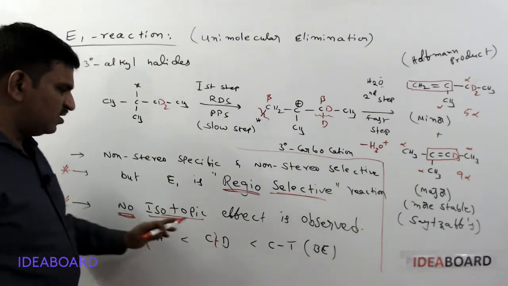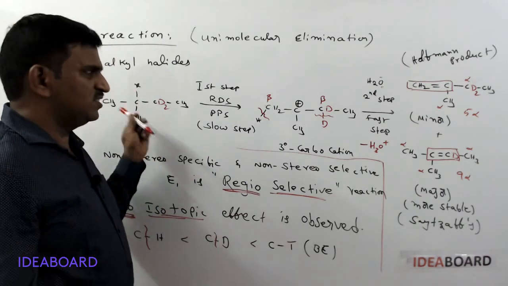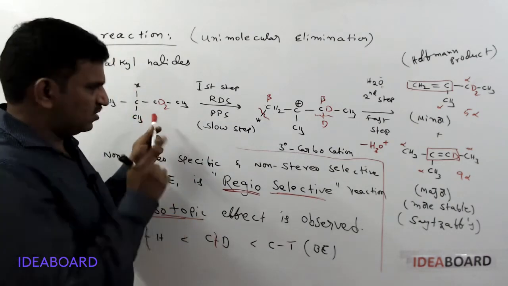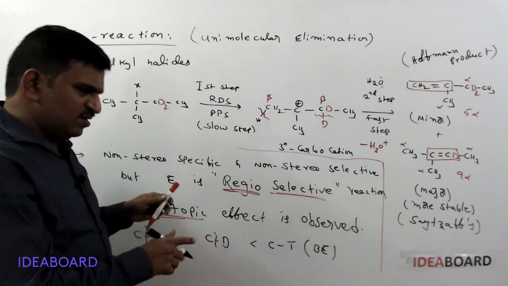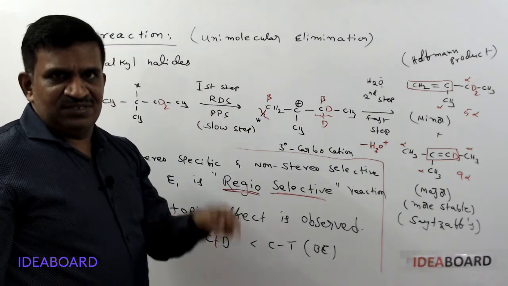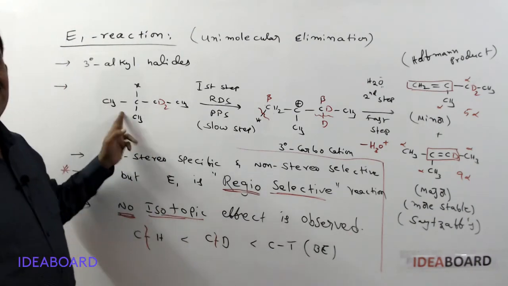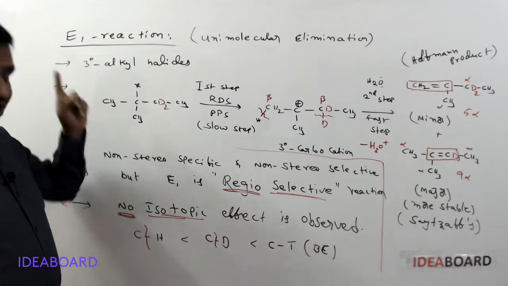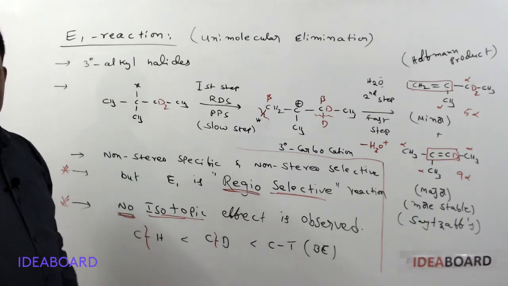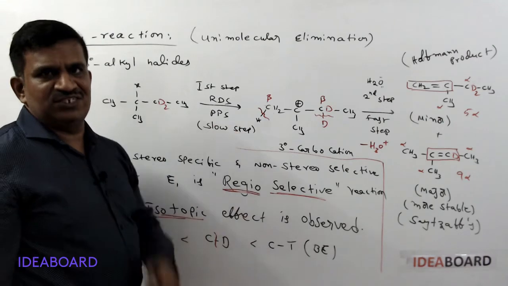When CH bond or CD bond dissociation occurs in the first step, the rate determining step or slow step, then an isotopic effect is observed. If there is no CH bond or CD bond dissociation in the first step, the rate determining step, then there is no isotopic effect.